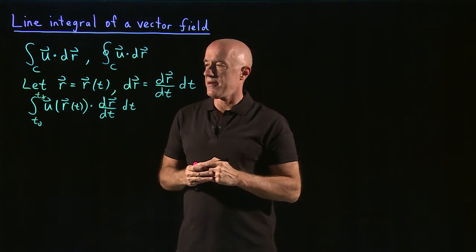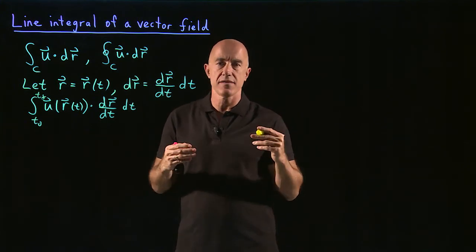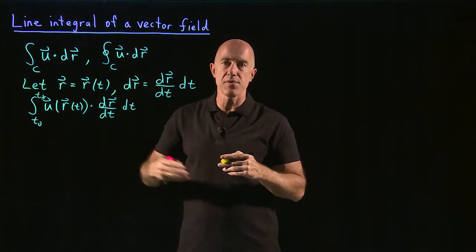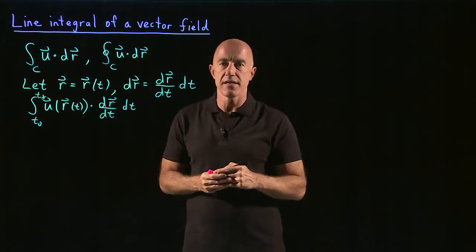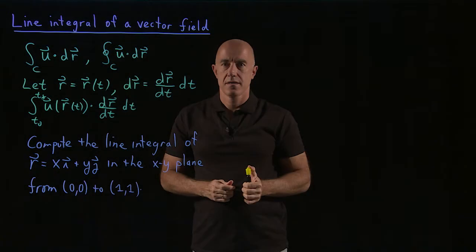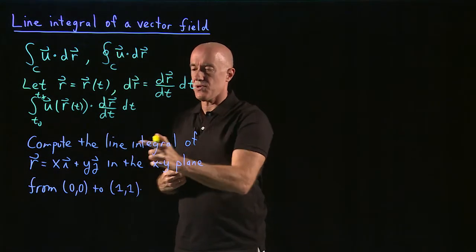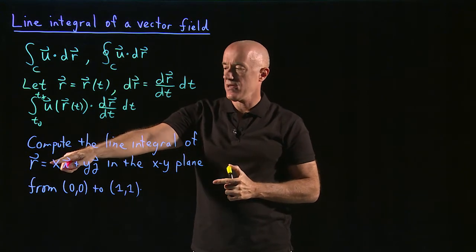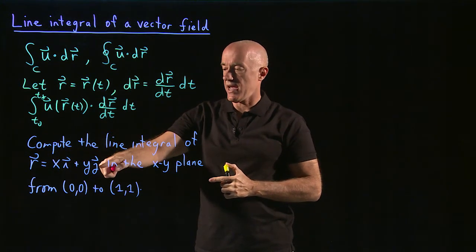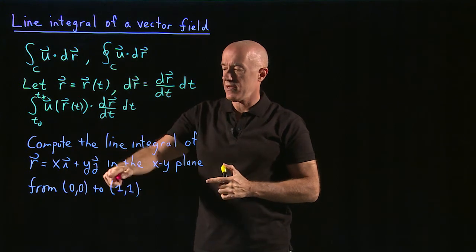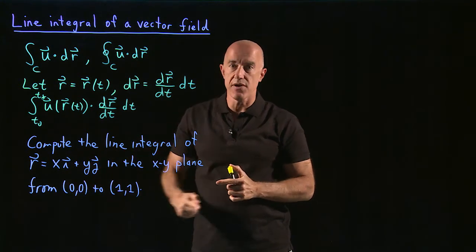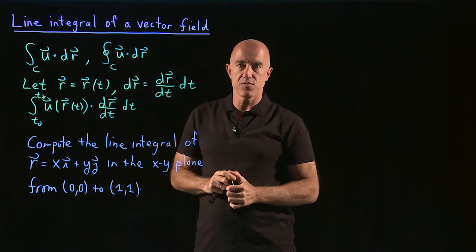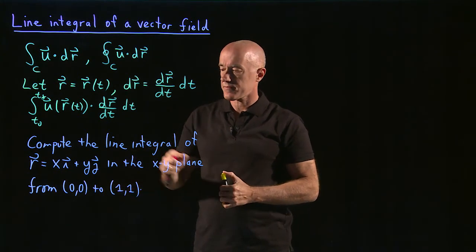So let's now look at a specific problem to compute. So you see an example of computing a line integral. Okay, so let's compute the line integral of the position vector r, xi plus yj, in the xy plane from the point 0,0, which is the origin, to the point 1,1, x equals 1, y equals 1.